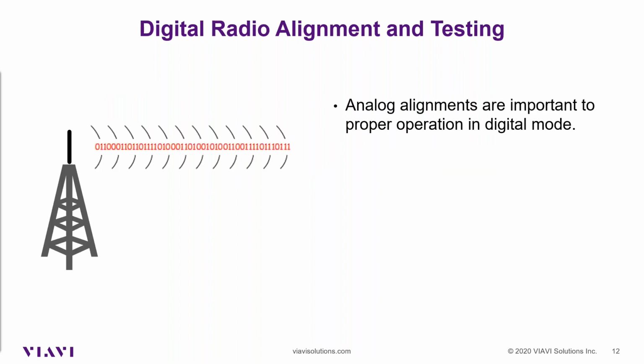So to summarize that slide, analog alignments are important, even when we're operating a digital radio. Many of those digital parameters that we look at are based on an analog alignment. And so it's critical that we perform those analog alignments correctly, accurately, using the right equipment.